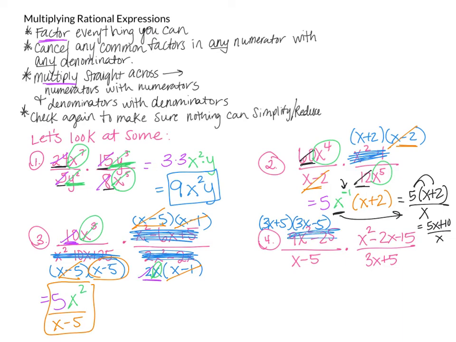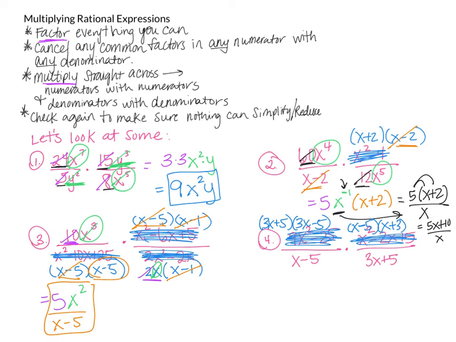I'm going to cross that off there. The bottom is already factored. My next numerator gives me x minus 5 and x plus 3. Cross that one off there. The bottom is already factored.